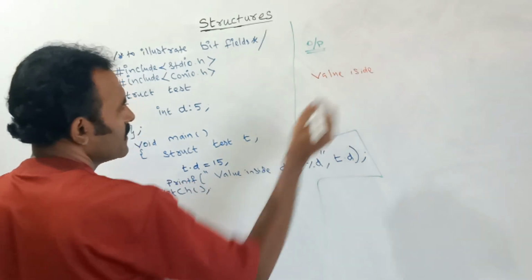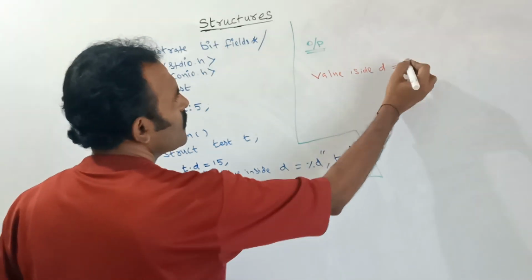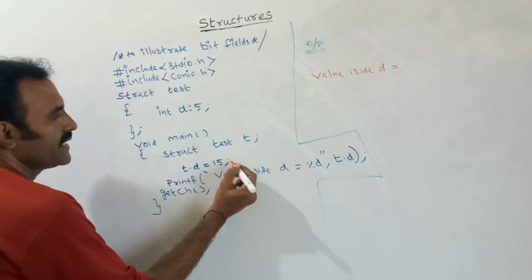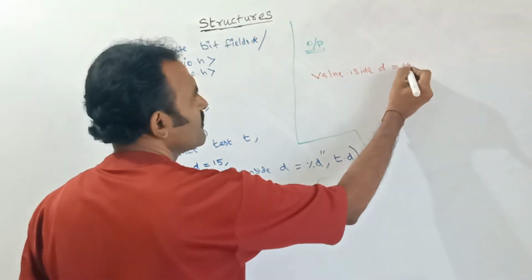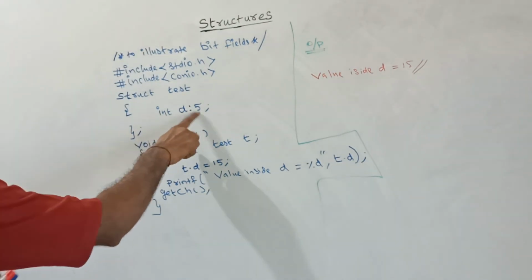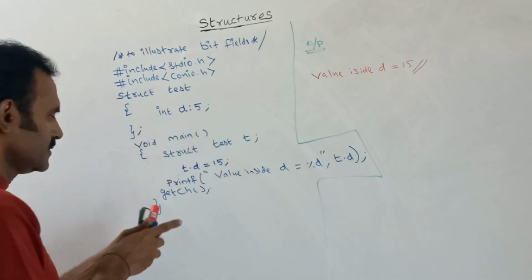Inside D is equal to, here what value I had given here, 15. So this 15 will be displayed because here I have aligned 5 bits.